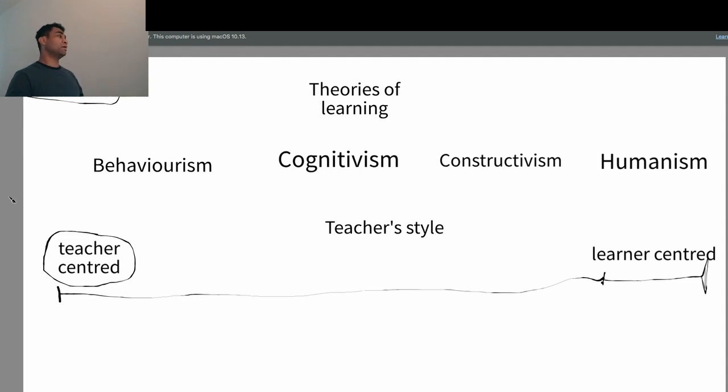And then you go to the other side, you have a learner-centered style. Your style is somewhere between the two extremes, teacher or learner-centered. If your style is fully learner-centered, the main actor here is not the teacher anymore, but the student.